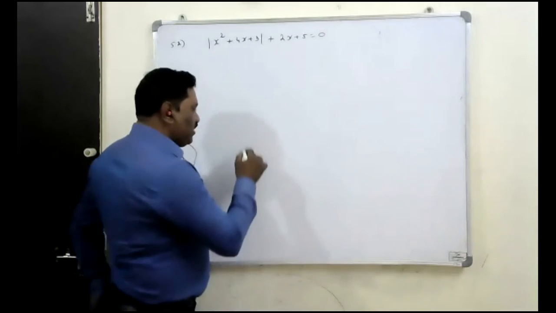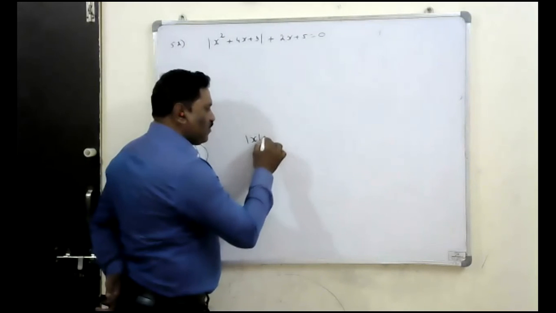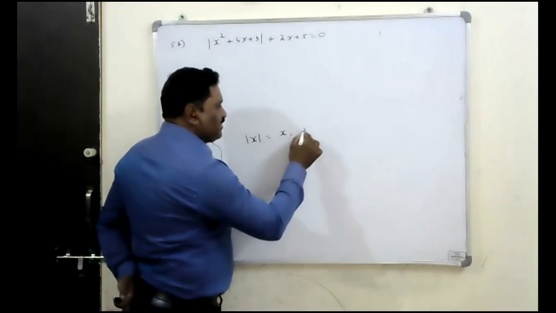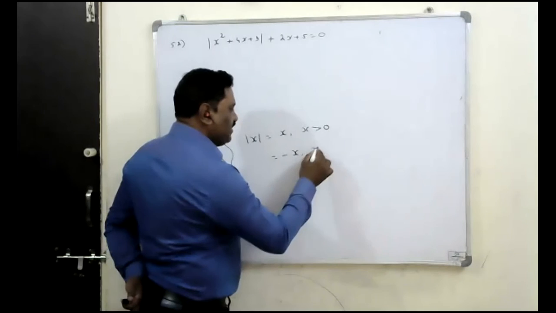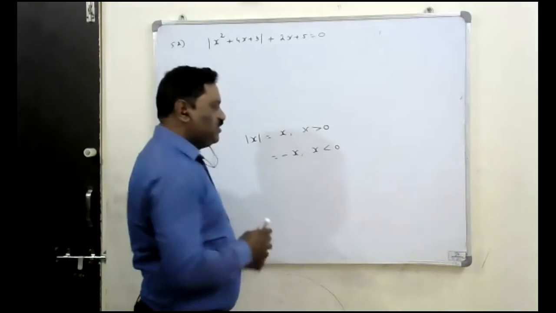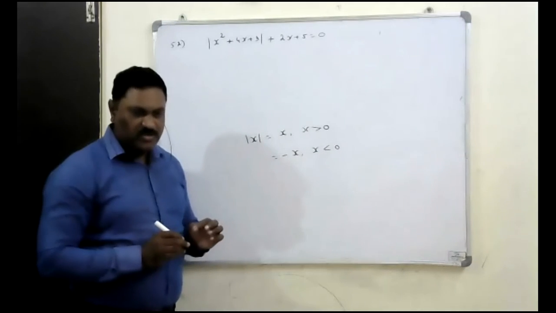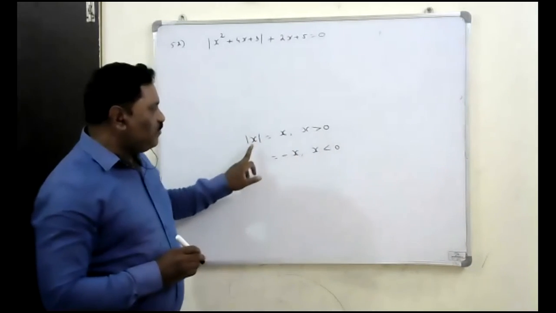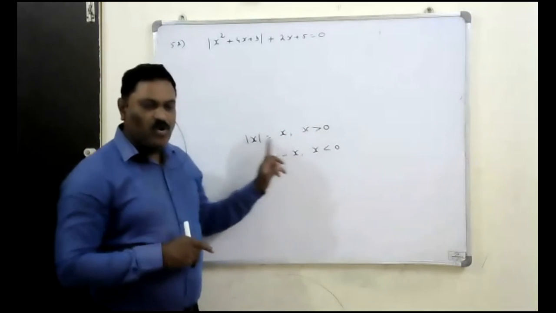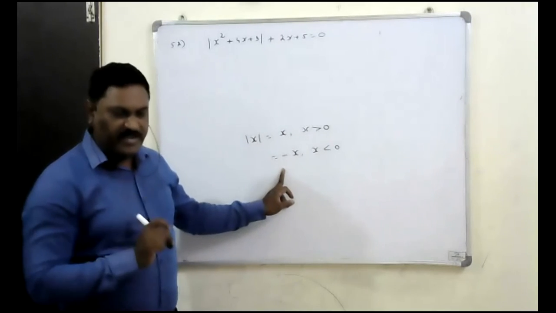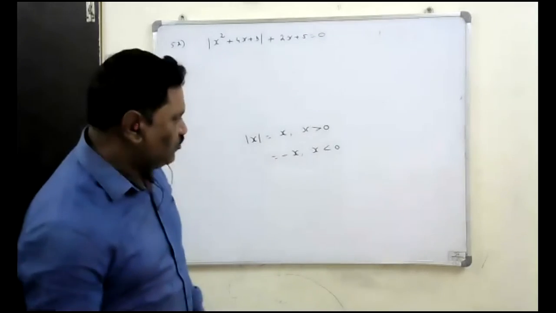What is the definition of mod x? Mod x is equal to x when x is positive. Mod x is equal to minus x when x is negative. Okay. When x is positive, directly mod x is plus x only. When x is negative, mod x is equal to minus x. So we will use this definition.